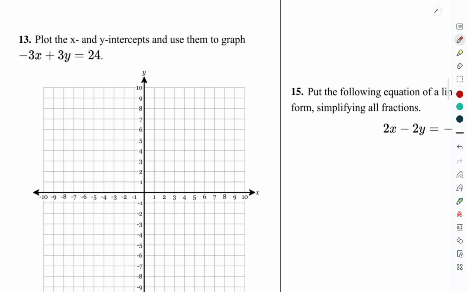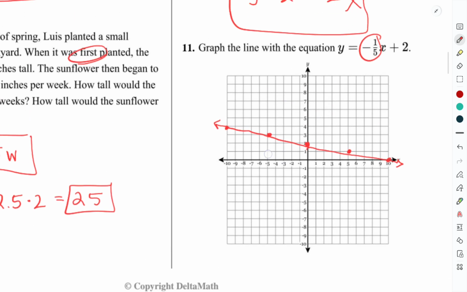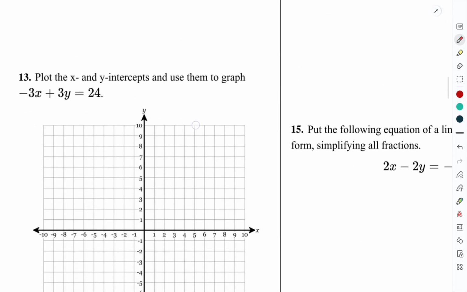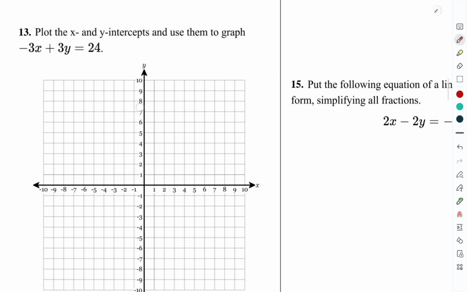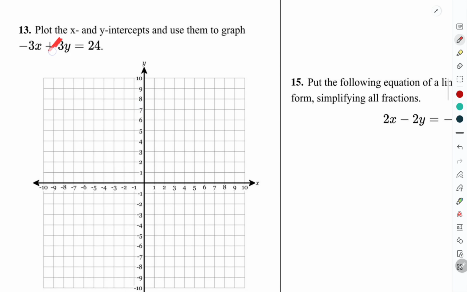Okay, now I want to use standard form, and I want to graph the line. So at the end of the day, there's 2 ways to do this. We could solve for y, put it in slope-intercept form, and then do this question exactly how we did question 11. Or we can use the cover-up method, which is pretty simple but always hard to remember.